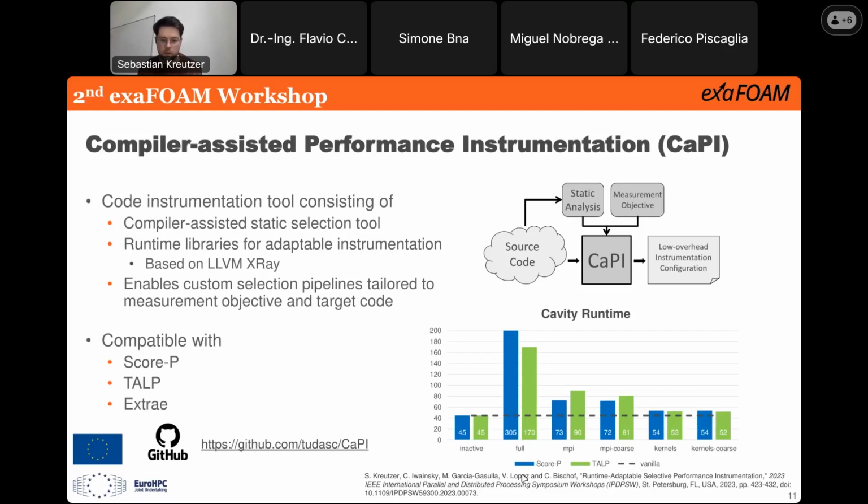Then on the other hand, if you do full instrumentation, you get quite a high overhead of 6x runtime increase. And then we tested some different approaches on how to filter, and all of them produce quite low overheads, and of course you can fine tune them for the application and for the benchmark you're running.